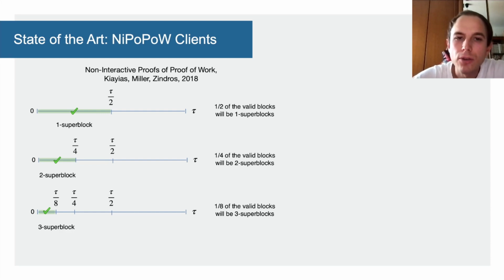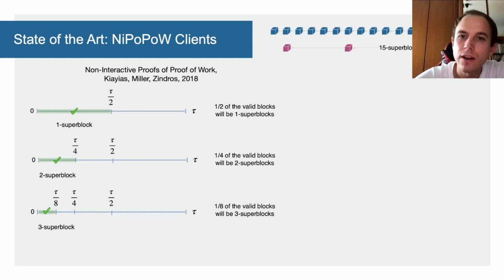Out of all of these valid blocks, if we think of this hash as a binary string, then half of these blocks will have one additional leading zero on average. Then a fourth of these blocks will have two additional leading zeros, and an eighth of these blocks will have three additional leading zeros. These so-called superblocks appear randomly, but we can predict how many of them will appear on average.